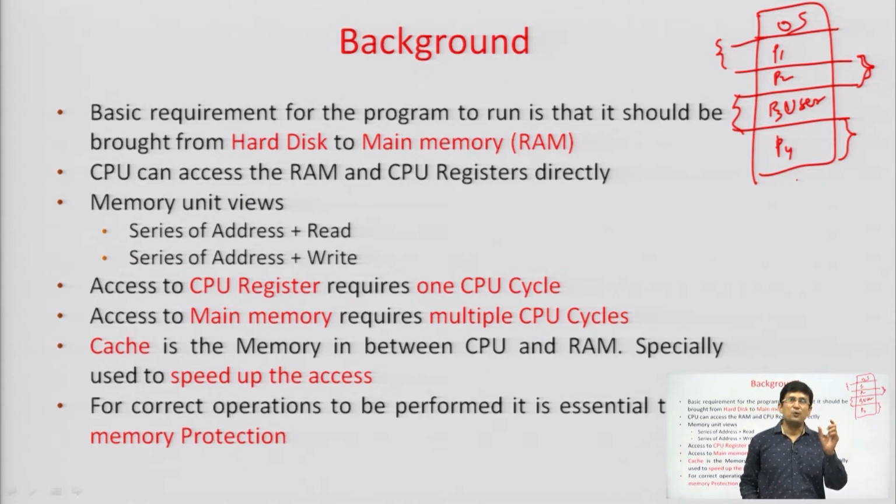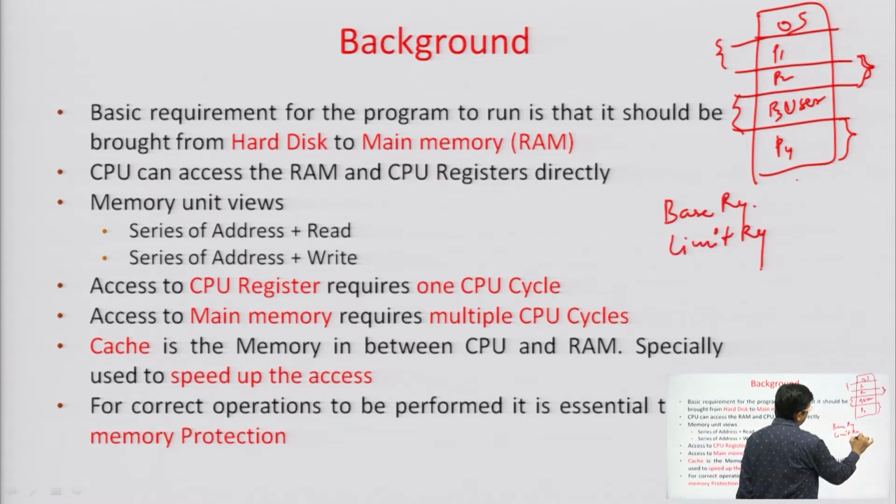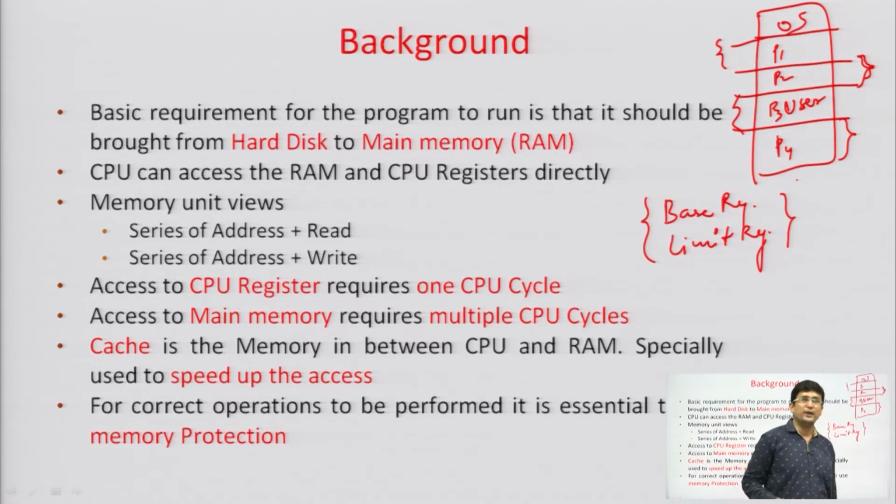To check the boundaries, that whatever address we are referring to lies within the limit, we need the support of registers. One is the base register and one is the limit register. So, this is an additional requirement for protecting our memory. Memory protection is a very important part of main memory management.